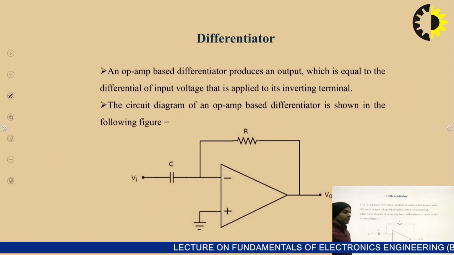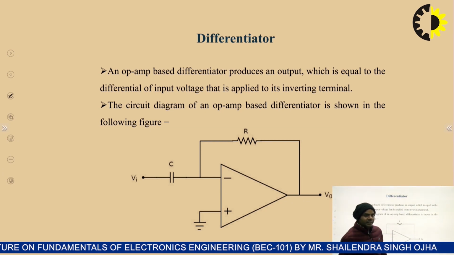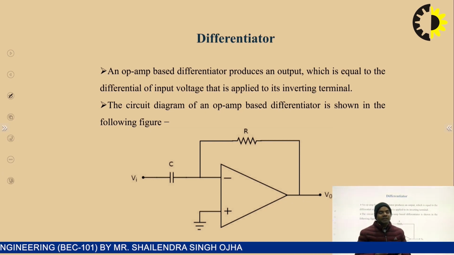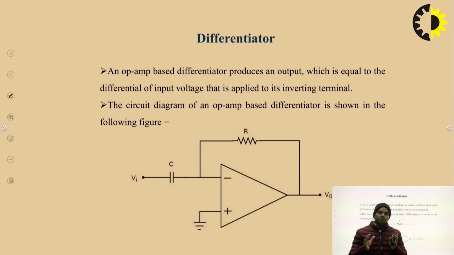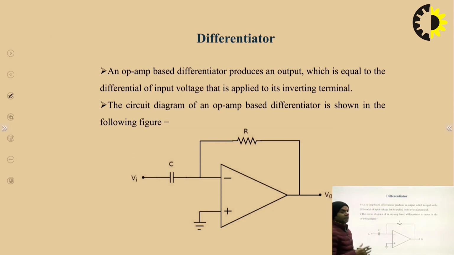Next application of operational amplifier is the differentiator circuit. That means a circuit which can provide differentiation of the input. In this circuit, this is the first circuit, which we have discussed in 3 lectures, which contains a capacitor. Till now we have discussed the circuits which contain only resistors.